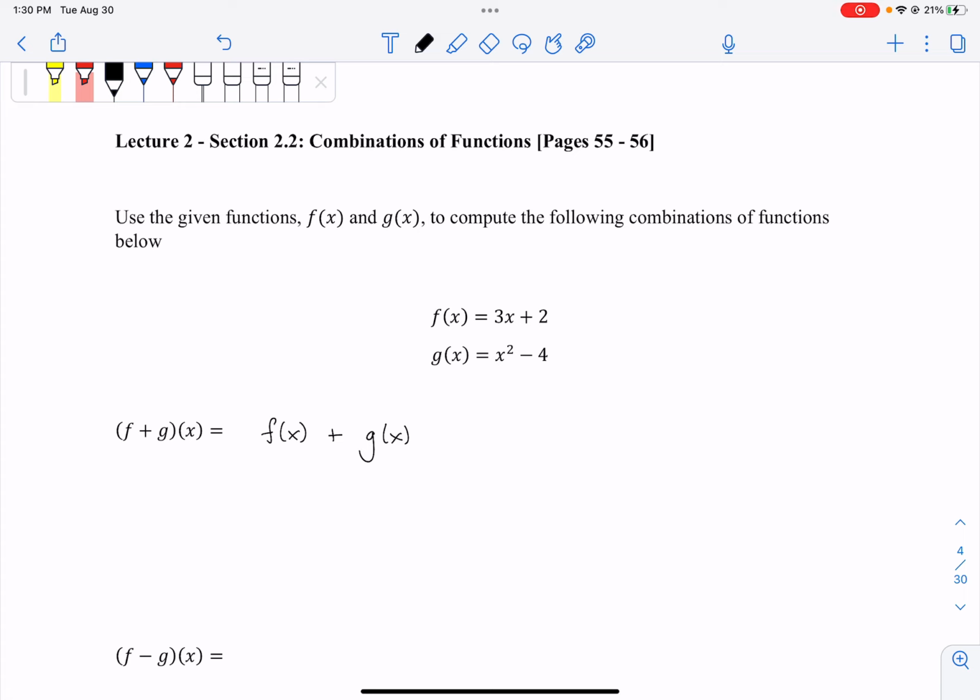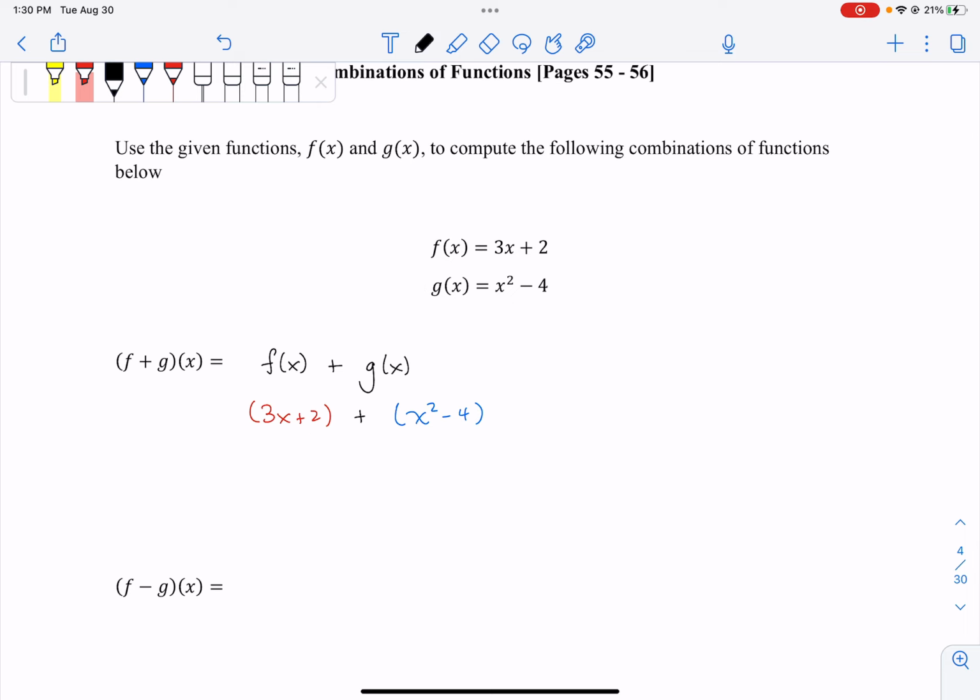What you do now is, what is f of x? Well, that's 3x plus 2. And what's g of x? That's x squared minus 4. And although I don't necessarily need the brackets, I like to get into the habit of putting brackets around all of my functions, because when we get to multiplication and division, even subtraction at times, it makes things a lot easier.